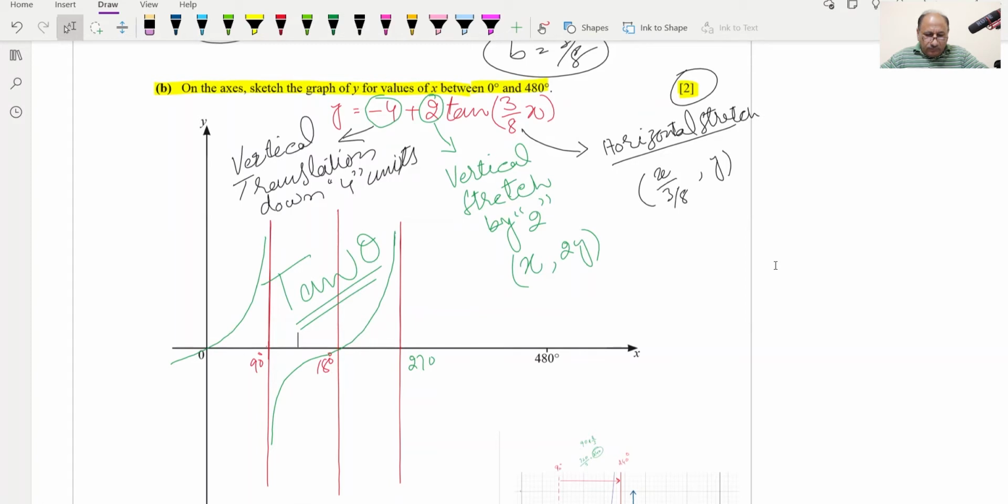This 90 degrees will basically move to 240. How will it move to 240?